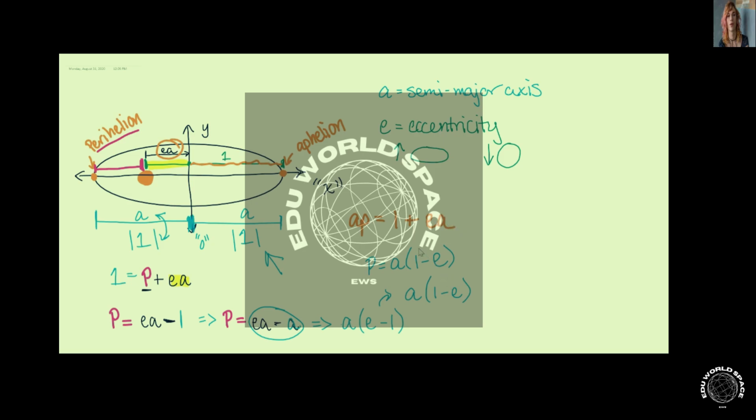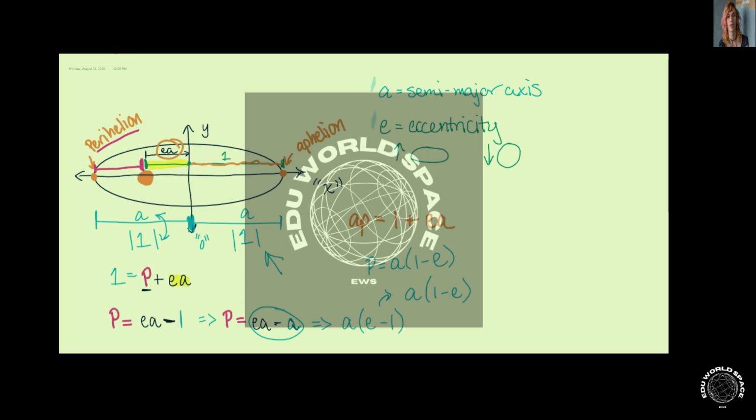So these are two really important formulas that we're going to use moving on, right? Because once you know these two values, you'll be able to solve for perihelion, aphelion, and a few other things moving forward.